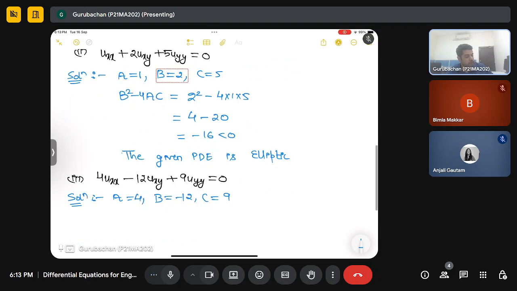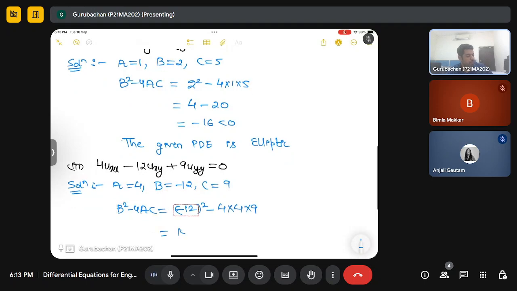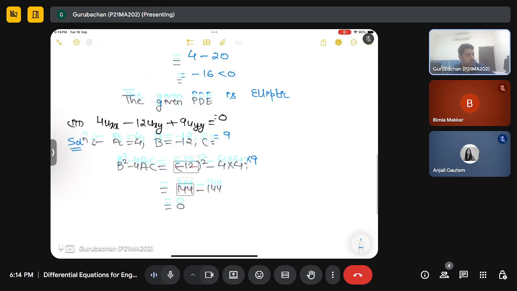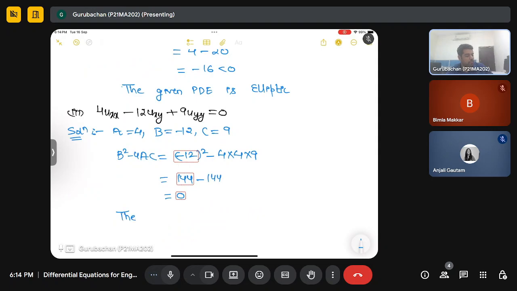So B square minus 4AC will be minus 12 whole square minus 4 into 4 into 9. So this is 144, minus 144, which will be equal to 0. So that means the given PDE in this part is parabolic.